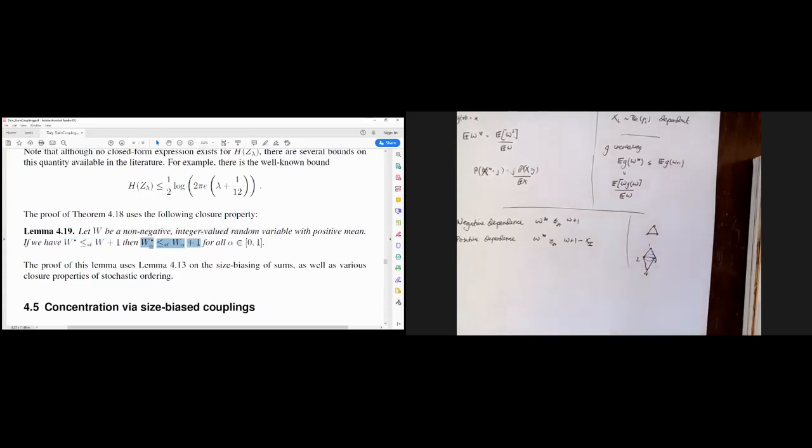That's just one or two applications of how to size bias a sum. Because my W alpha is just a sum of two things, the thinned part of W and a Poisson, I need to know how to size bias those sums, and I use various closure properties of the stochastic ordering to show this.